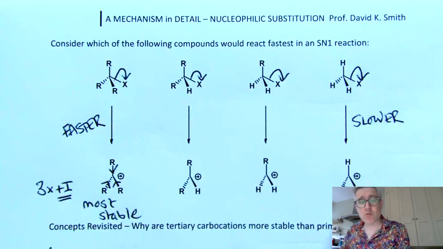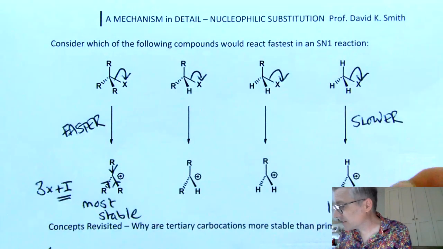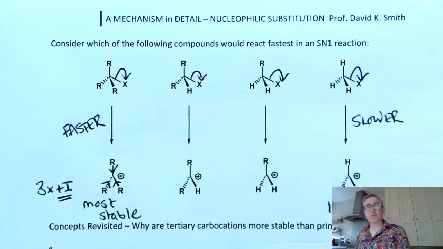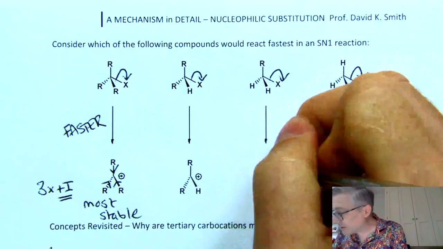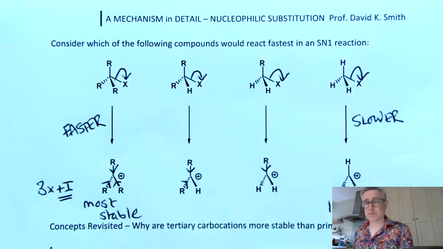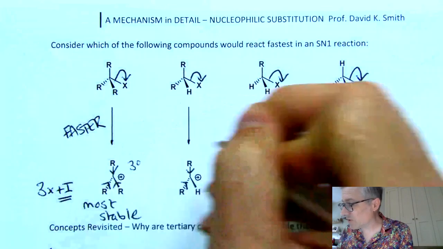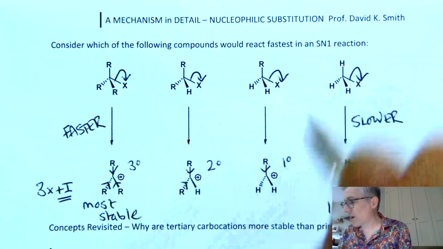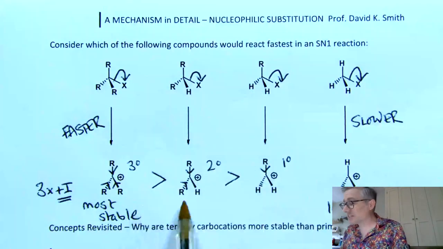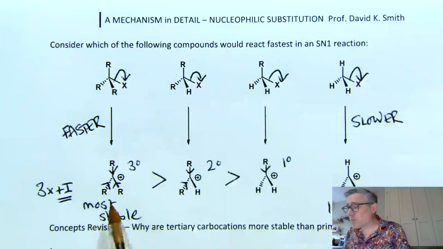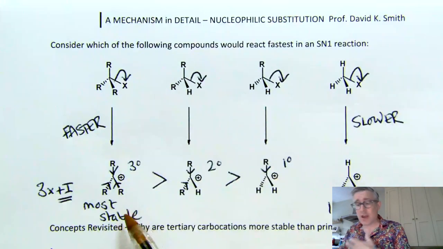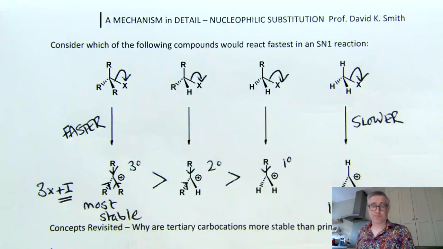This one has no plus I effects, so it's the least stable. 0 alkyl groups pushing in. Here we have 1 alkyl group, here we have 2 alkyl groups. So this tertiary, secondary, primary, tertiary is better than secondary, is better than primary, because you're making a more stable carbocation. This is easier to do because this is more energetically accessible.